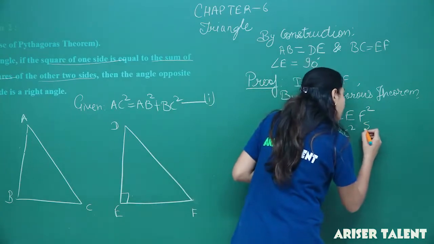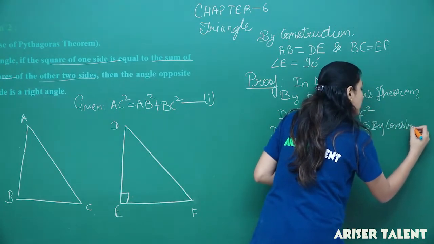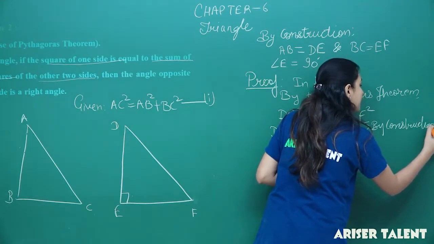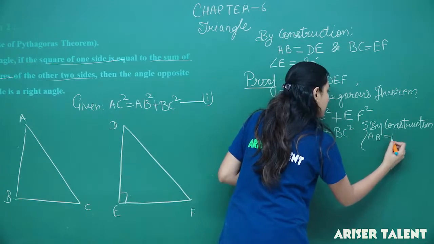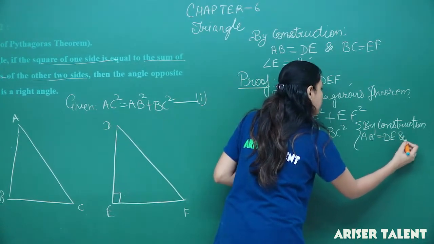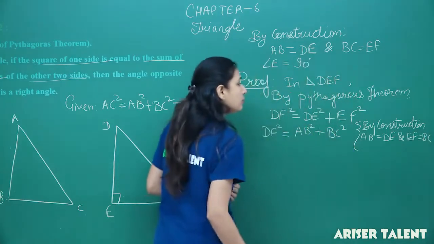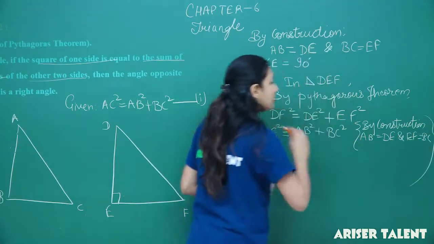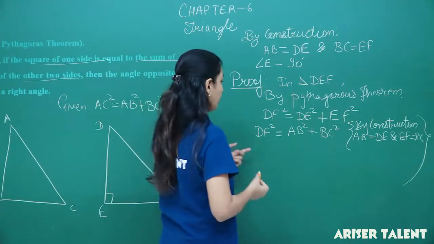This is by construction. We can say AB equals DE and EF equals BC, right, students? Now what will we do?